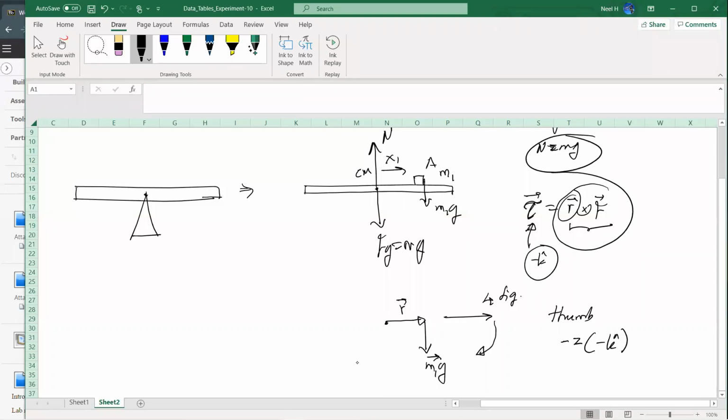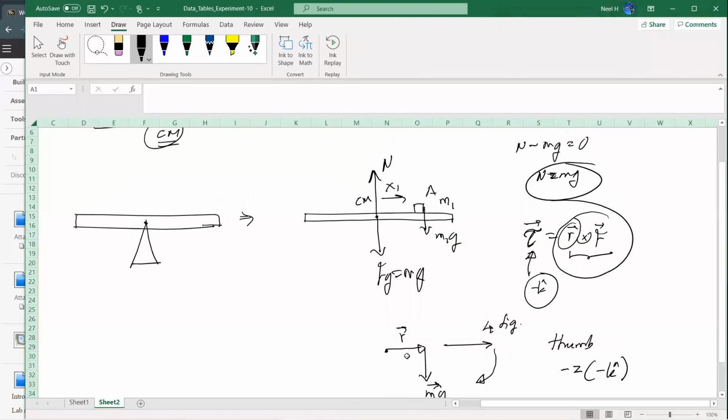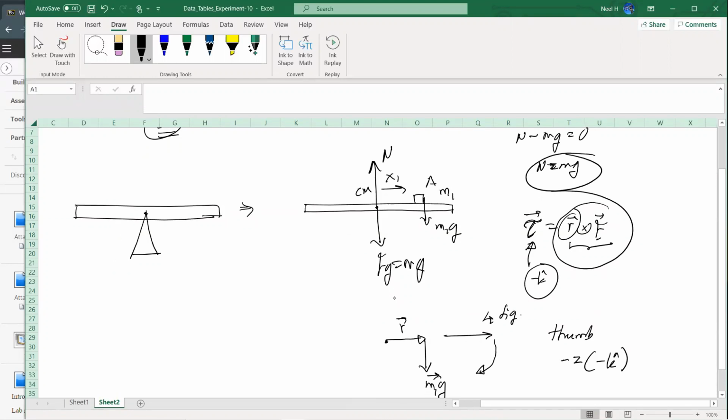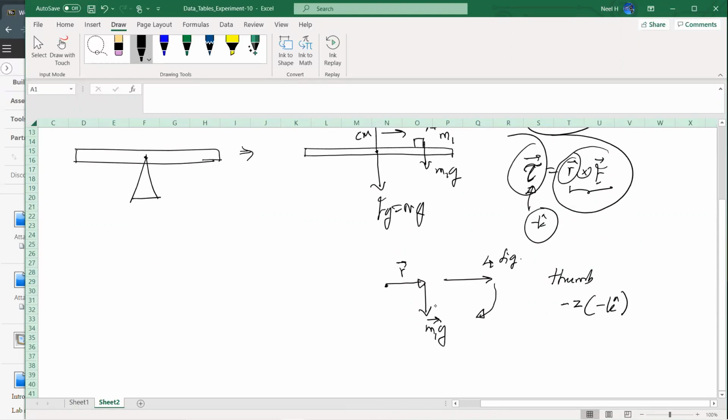Now this is generally what we call the rotational version of Newton's law, right? The linear force is F, and the object can move in a linear direction, but the object can also rotate if it is under torque. You can identify this another way.